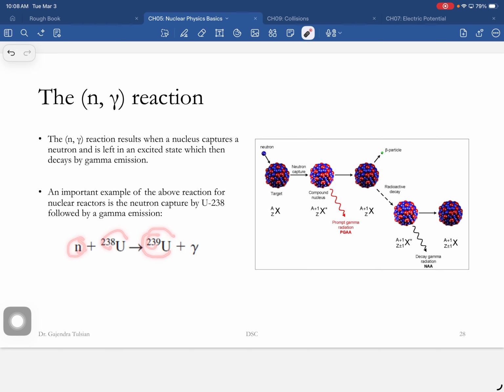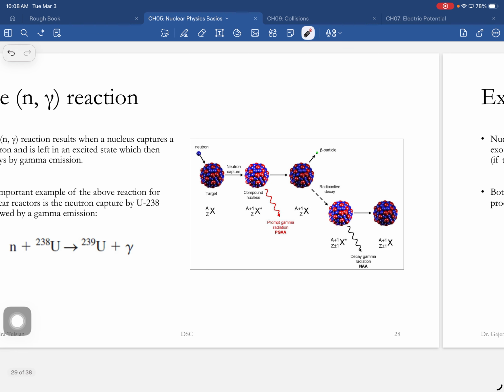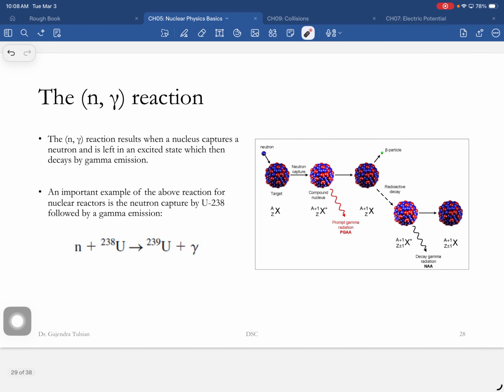There's plenty of U-238, and those neutrons hitting U-238 turn it into U-239, and it emits a gamma particle. An important example of the above reaction for nuclear reactors is the neutron capture of U-238 followed by a gamma emission.